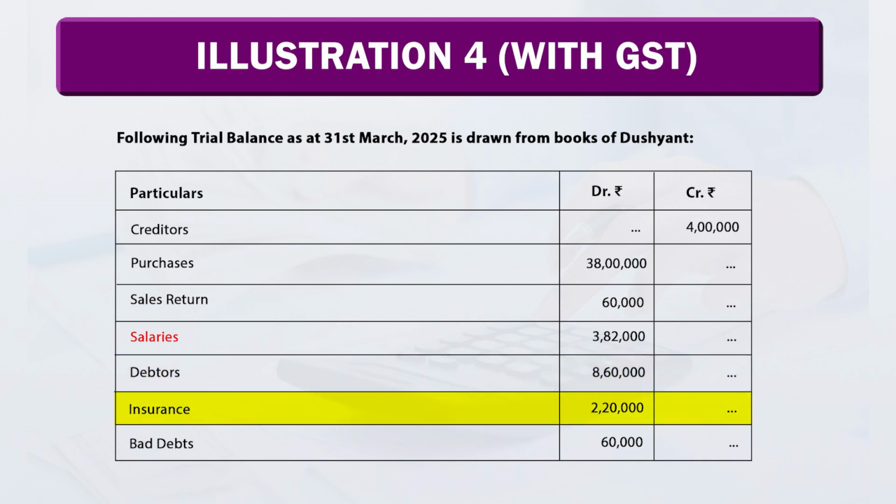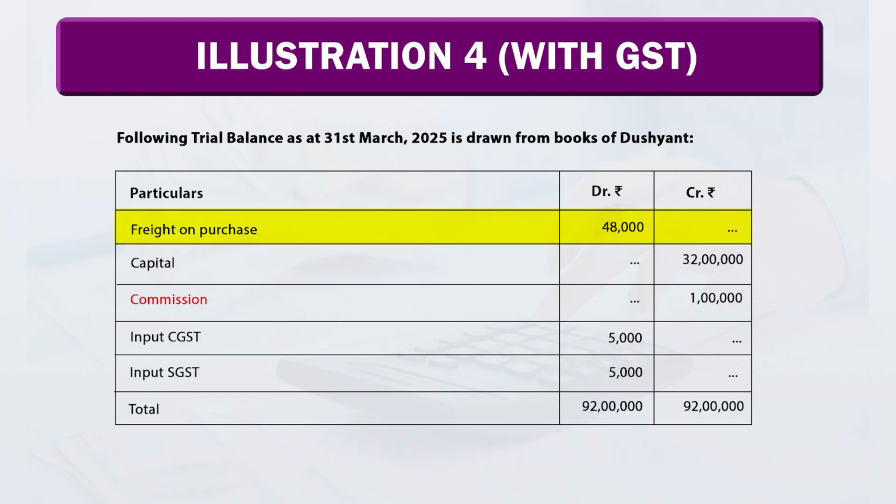Insurance is our revenue expense and would appear on the debit side of the profit and loss account. Bad debts is our loss, 60,000 rupees, and would appear on the debit side of the P&L account. Freight on purchases 48,000 is an expense of purchases, which is why it would appear on the debit side of our trading account. Capital of 32 lakh rupees would appear on the liability side of the balance sheet.